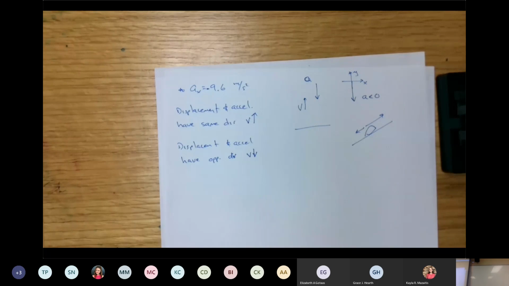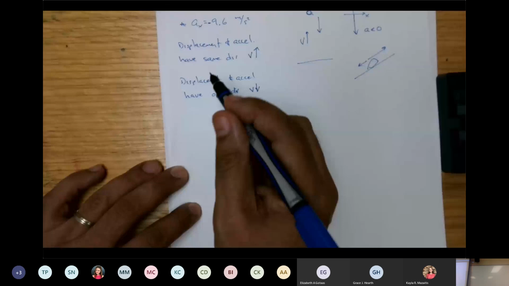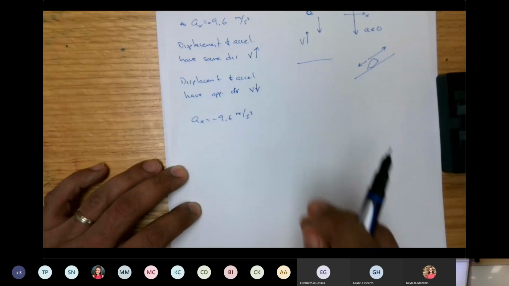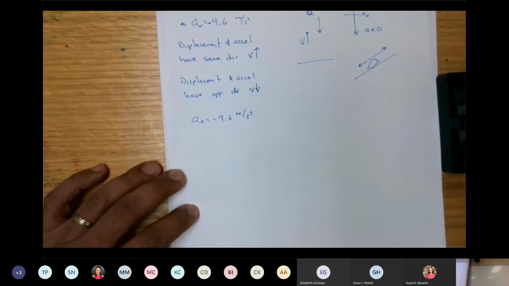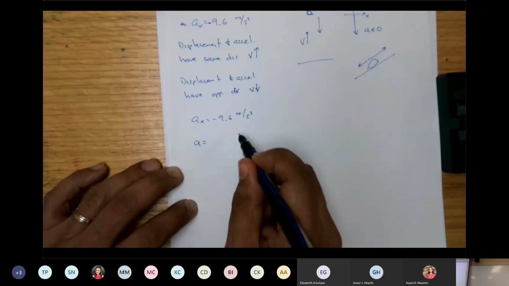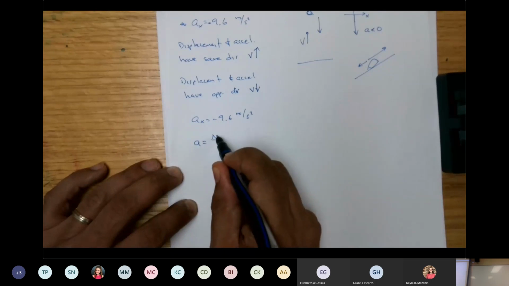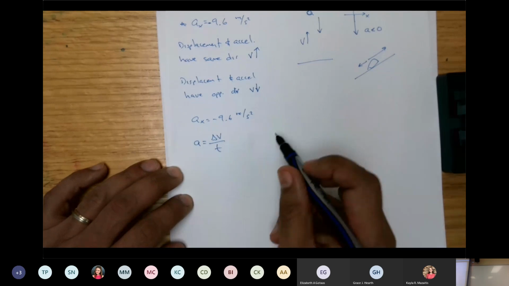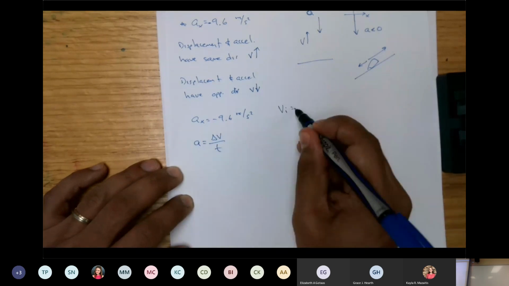Okay. Now we're going to make sense of this. Okay, so now we have this value of acceleration, again, negative 9.6. And the only equation that we have seen so far that relates acceleration and velocity is this one. We know that acceleration is a change in velocity with respect to time. In this problem, we know that the initial velocity is 10 meters per second.